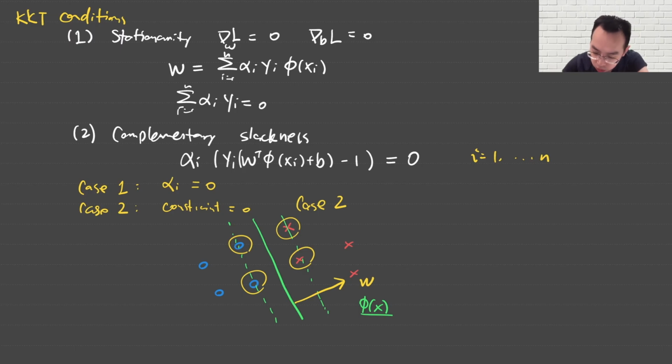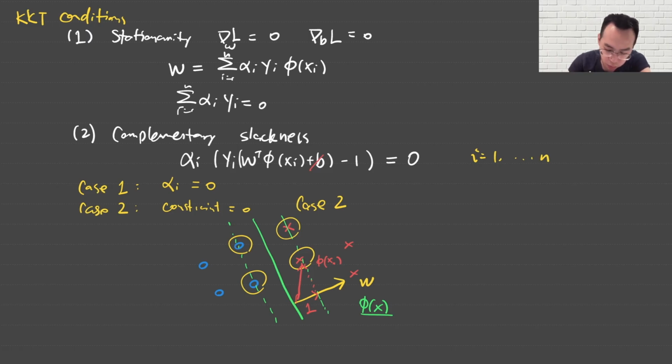If we take the dot product between the W vector and the vector of the data points phi of x, let's say this point is x1, that gives us a projection. Here let's just ignore the parameter b, that's not very important. Once we take the projection, this projection equals to 1. So it means that it lies exactly at the margin. Those are the points if case 2 holds.